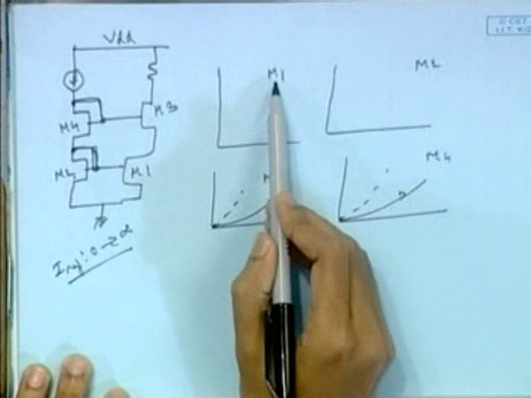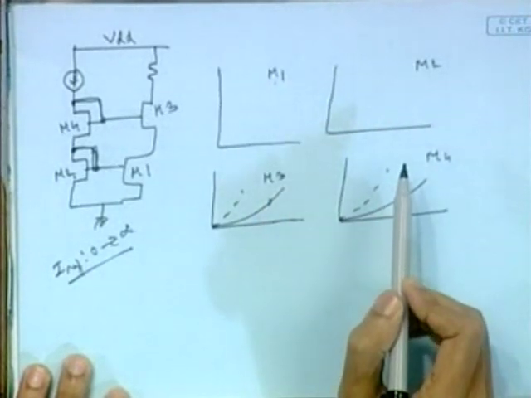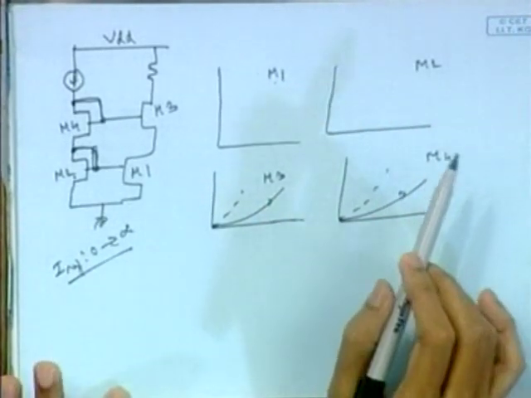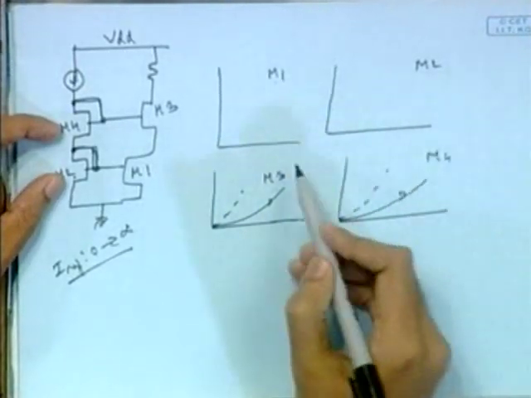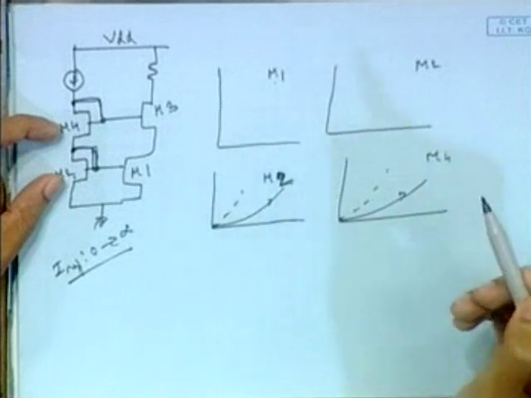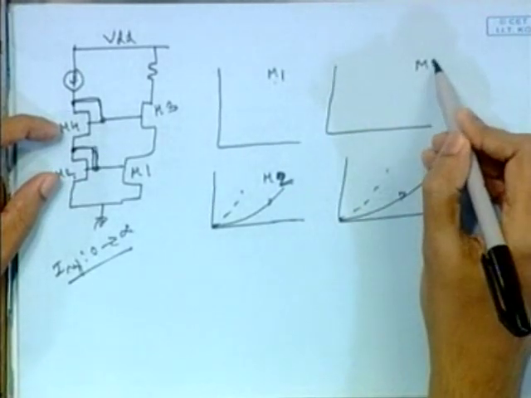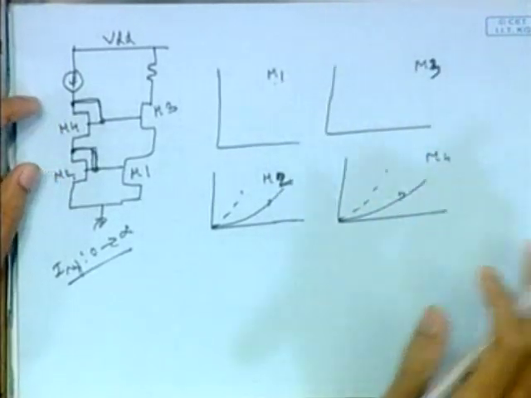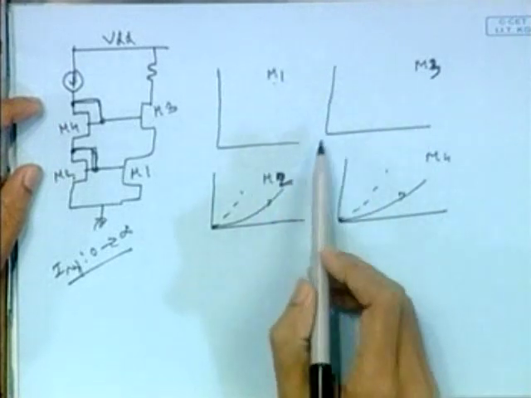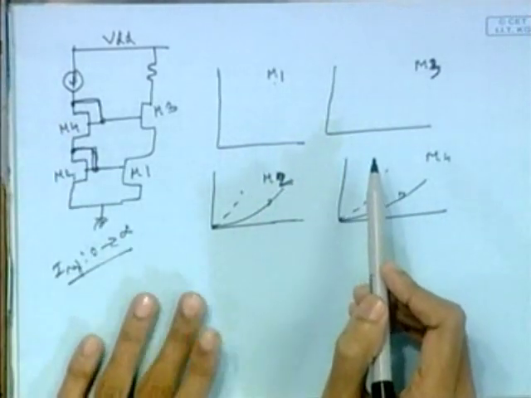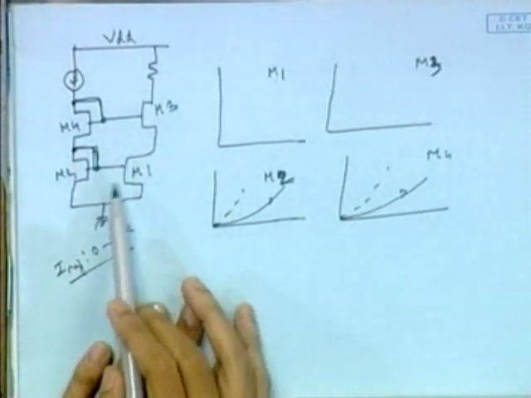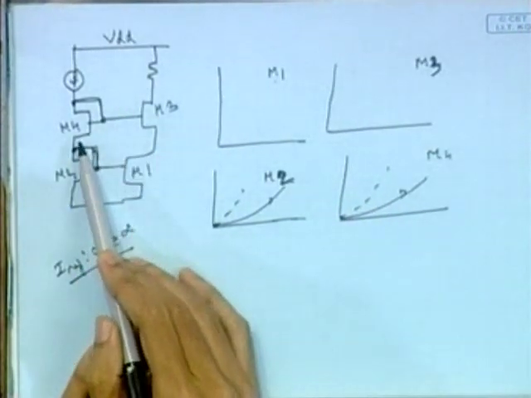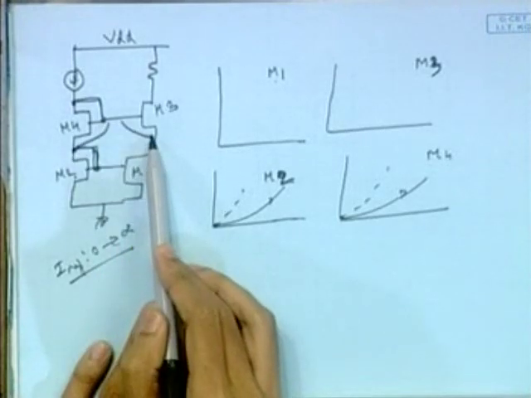But the situation is different for M3 and M1. I think I have made a mistake: M4 and M2 will be there, so this will be M2 and this is M3. Initially, when all of them are in saturation, this voltage and this voltage are the same.